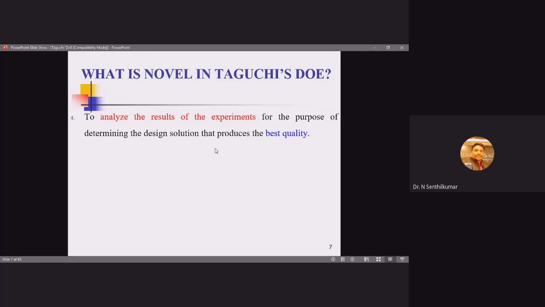There are categories of analyzing. One is where the objective is maximization. The next is where the objective is minimization. For example, productivity should be as high as possible, so my objective is maximization.